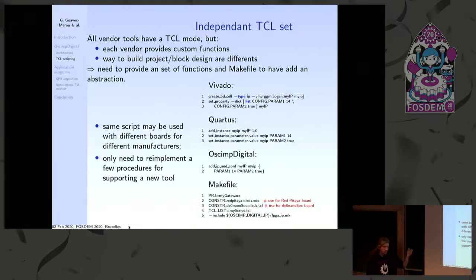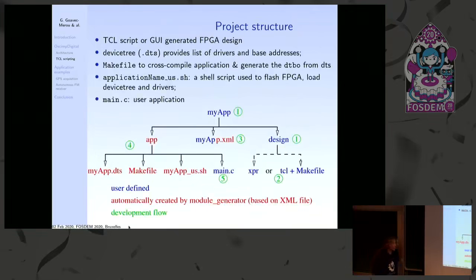The design is just a subpart of a project. A project looks like this. You have the project directory and subdirectories where we store everything about the design. Once the design is built, it's possible to use a TCL script to analyze the XPR or the Quartus equivalent to extract which IPs are connected to the CPU and the base address of each of them, to generate an XML file.